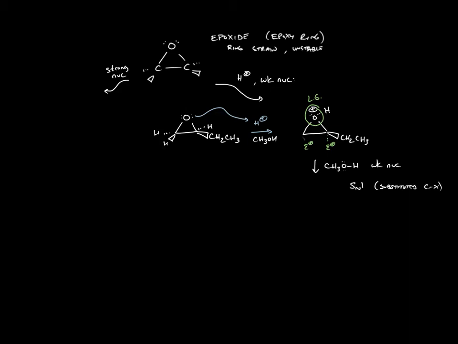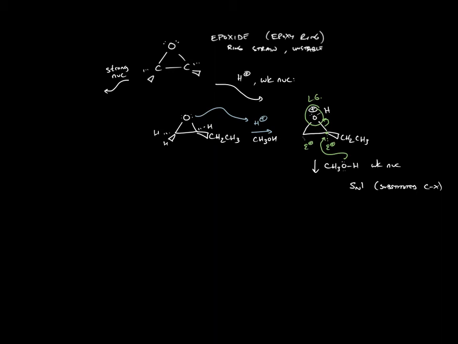The reason for that is it would form the most stable carbocation. So the leaving group wants to leave the side with more carbons attached, and therefore that carbon would be the strongest electrophile, and therefore your nucleophile would attack the electrophile over there.